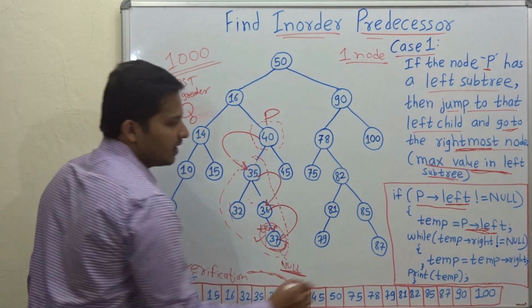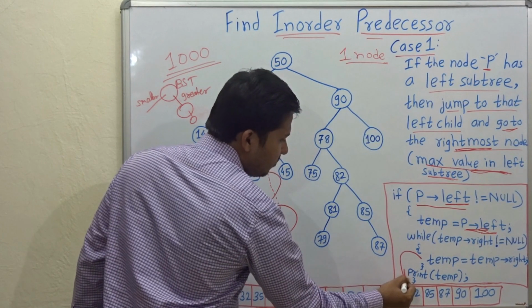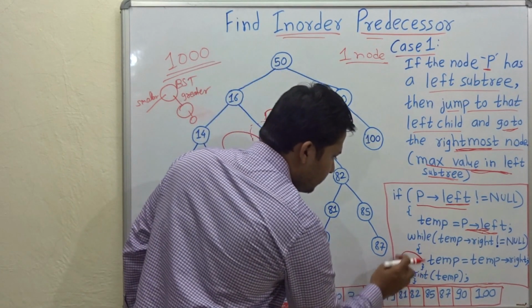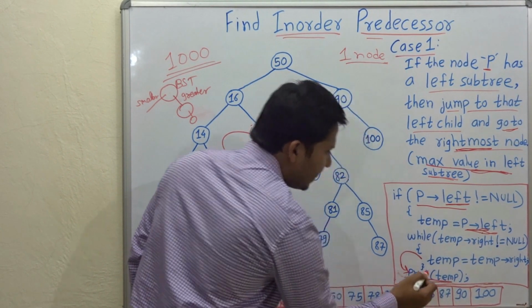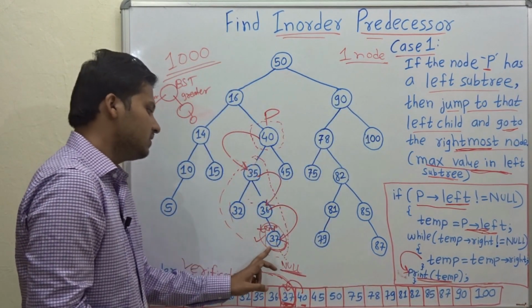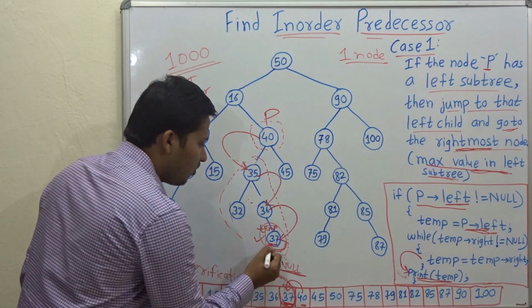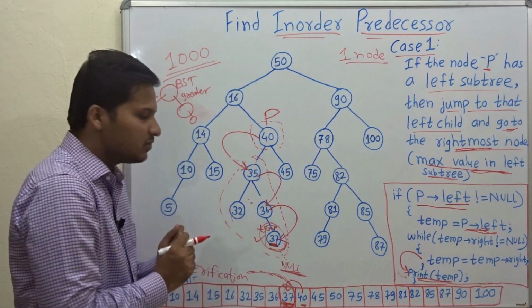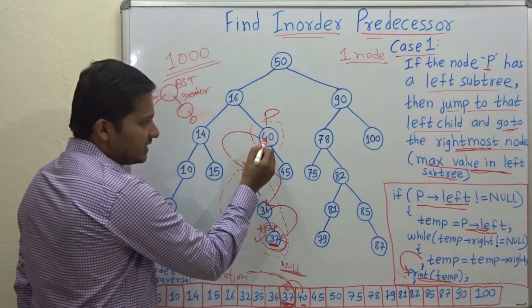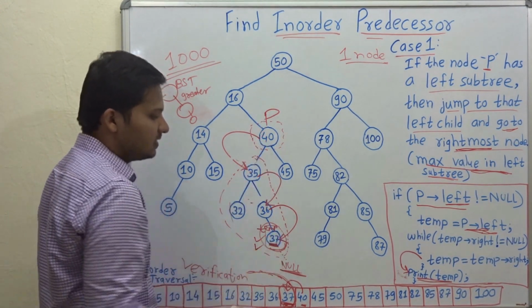So we stop here and we come outside this while loop. Okay, when we come outside this while loop, we have to print that temp. Means we have to print the data of this node. Okay, that is 37. So in this way, the in-order predecessor of 40 is 37.